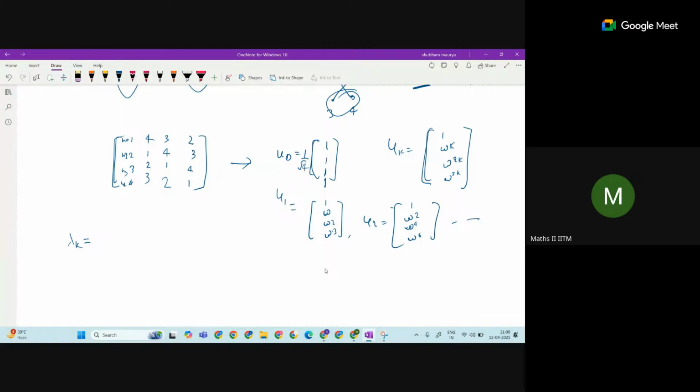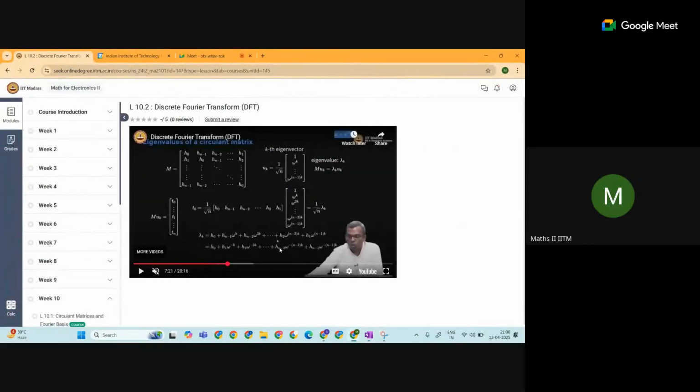How is the formula? Lambda k is h0 plus h1 omega power minus k, plus h2 omega power minus 2k, plus h3 omega power minus 3k. That is the formula, right? Yes.